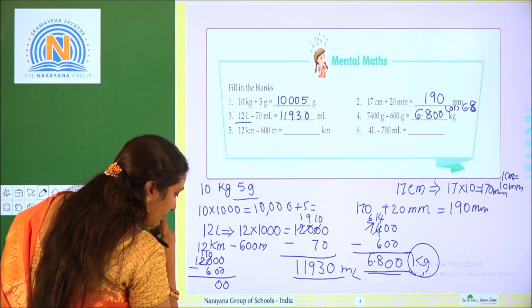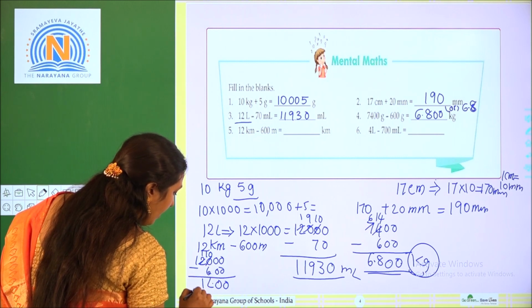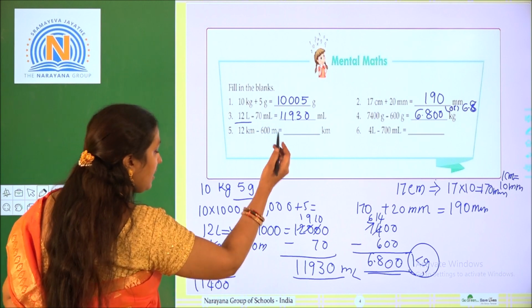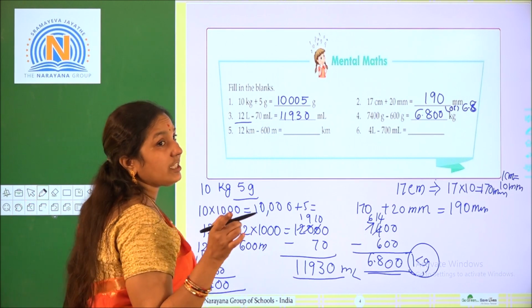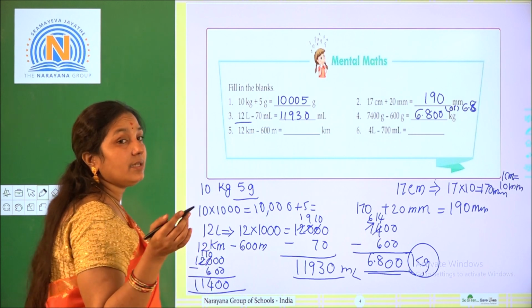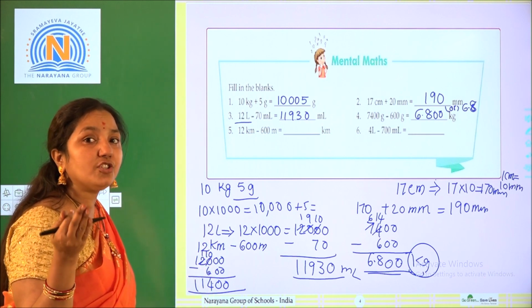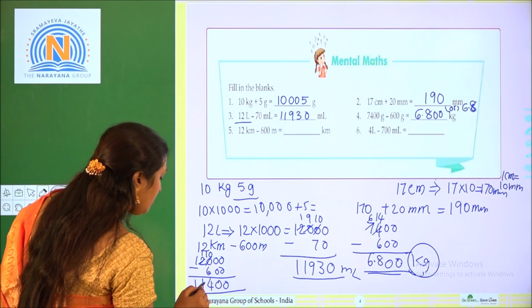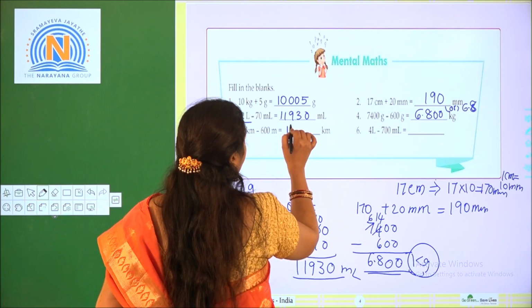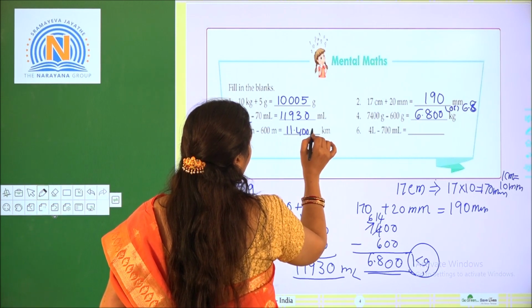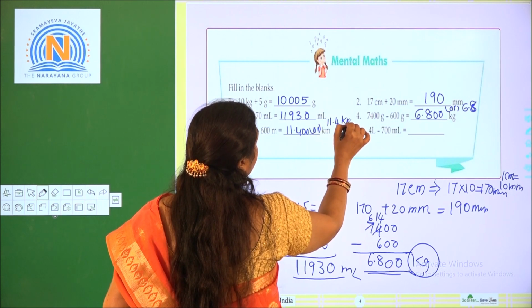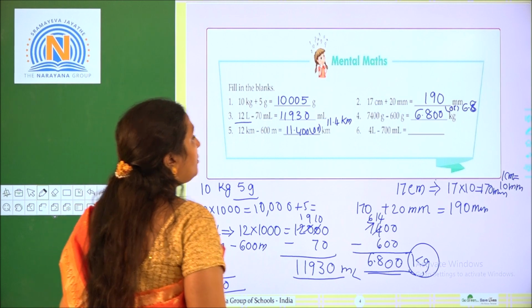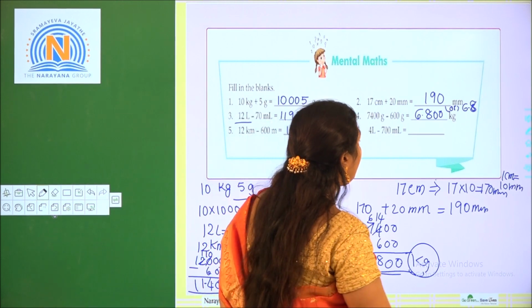So 10 minus 6 is 4. Now we have to convert into kilometers. 1 kilometer equal to 1000 meters, so here 3 zeros means 3 decimal places will come. So 11.400 kilometers or 11.4 kilometers.